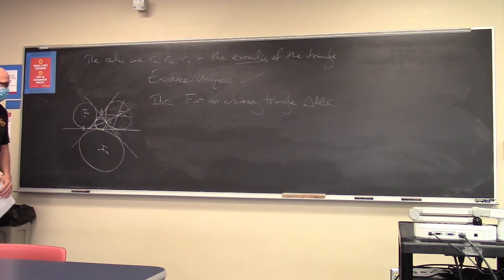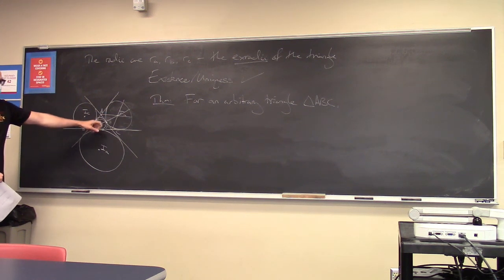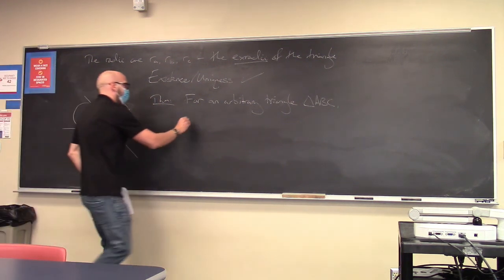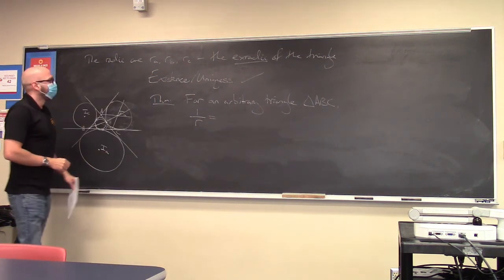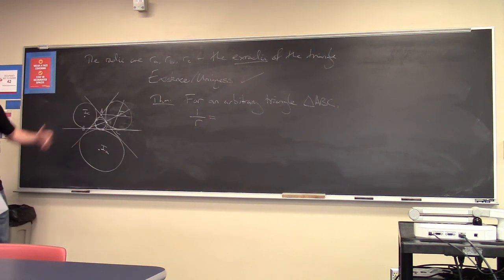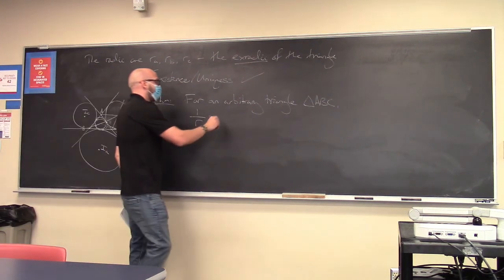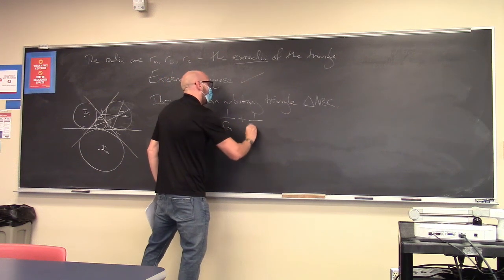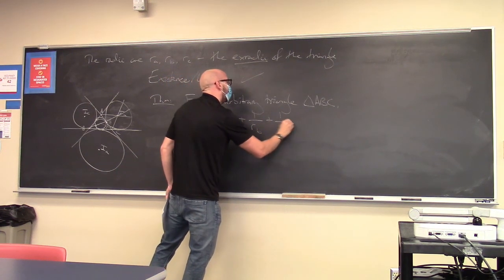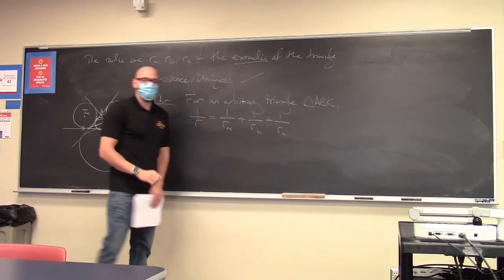There's this really interesting relationship between the inradius and the exradii. And it's the following. It's 1 over the inradius. Did I say inradii? There's only one of them, the inradius. 1 over r is equal to 1 over r sub a plus 1 over r sub b plus 1 over r sub c.